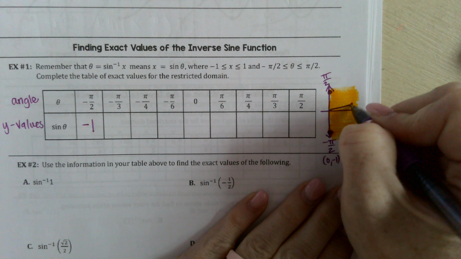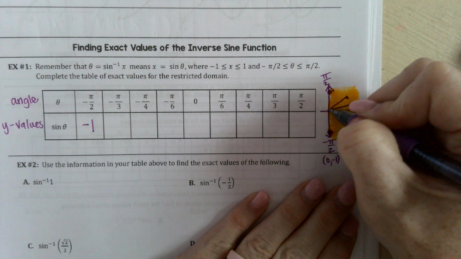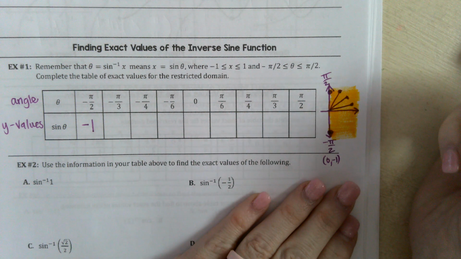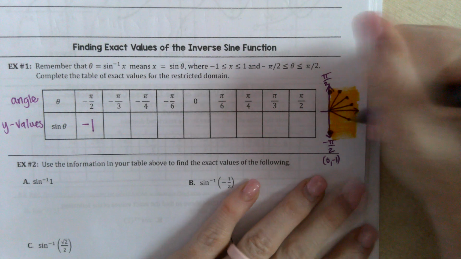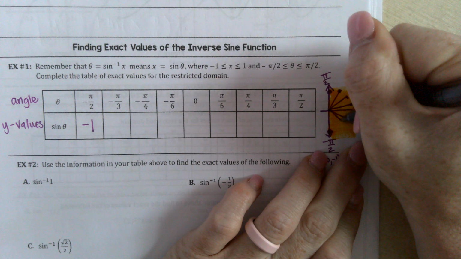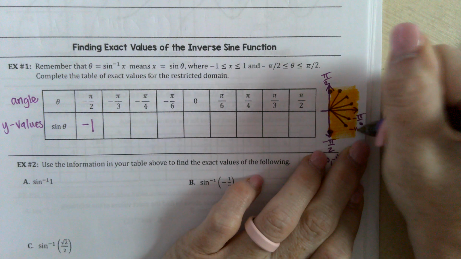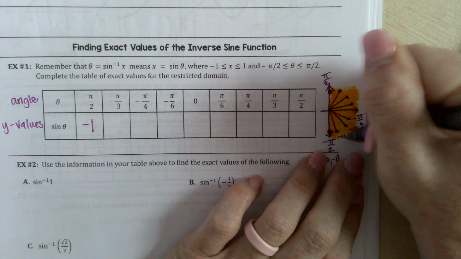Very quickly, this is pi over 6. This is pi over 4. This is pi over 3. We should know those. This one is negative pi over 6, negative pi over 4, and then negative pi over 3.